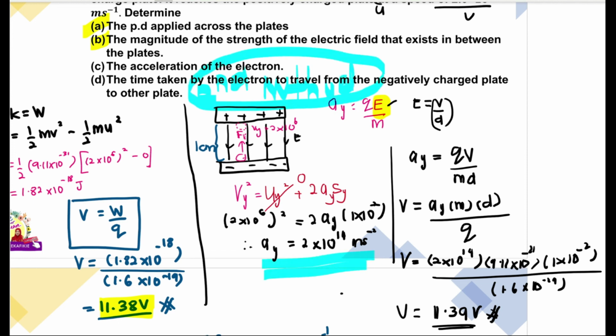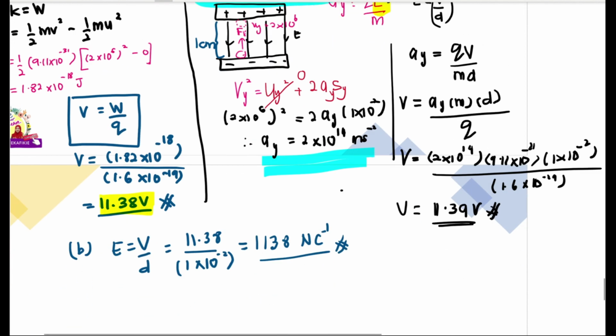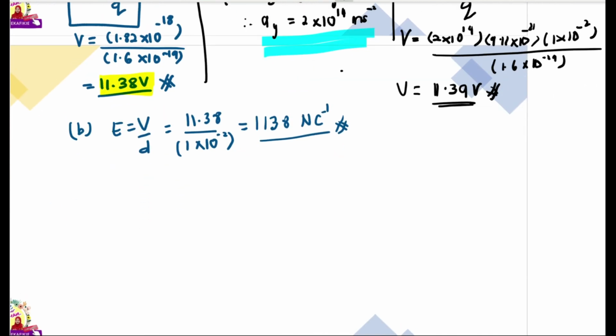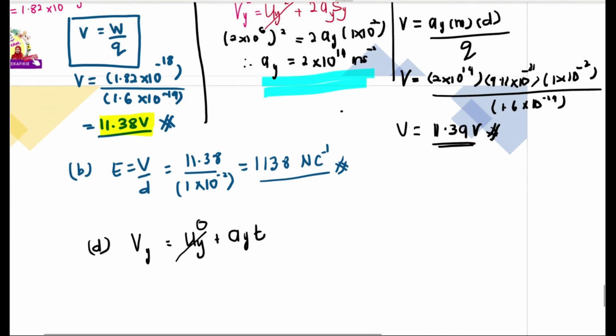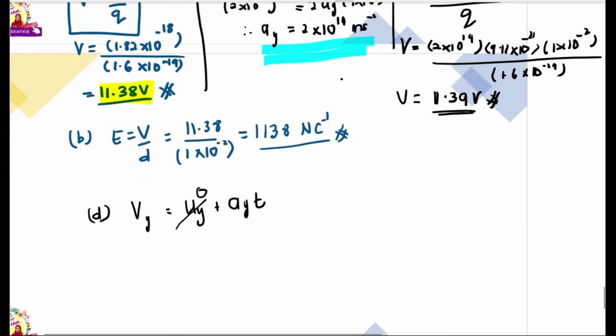The time taken by the electron to travel from the negatively charged plate to the other plate. So kita nak cari time taken. Kita dah tahu Vy, so kita boleh guna formula Vy is equal to Uy plus Ayt. Ay kita dah ada, and this one starts from rest. Vy is actually equal to 2 exponent 6, soalan dah bagi.